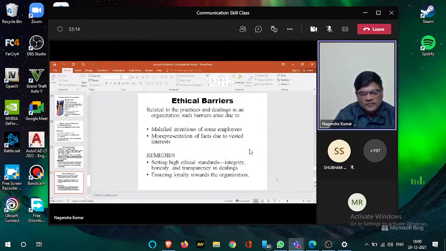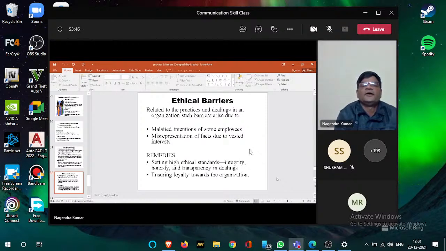So most of the top organizations care a lot about the ethical standards of their employees, and they expect high ethical standards and high levels of commitment and loyalty from them. And for that, they don't only keep reminding them of the ethical standards that are followed, but they also take strict action against people who deviate from those standards.